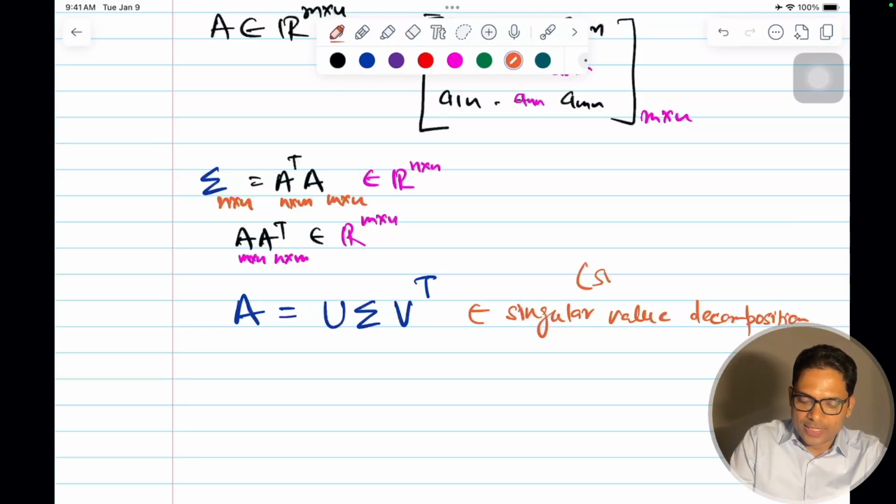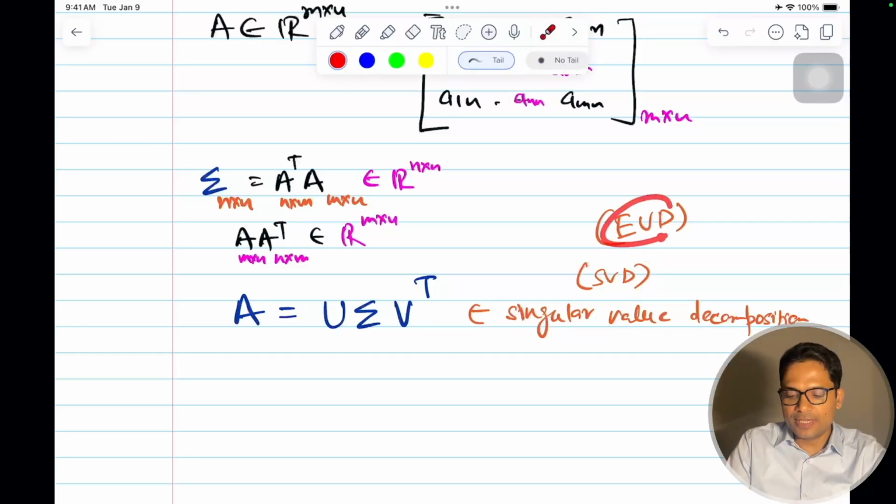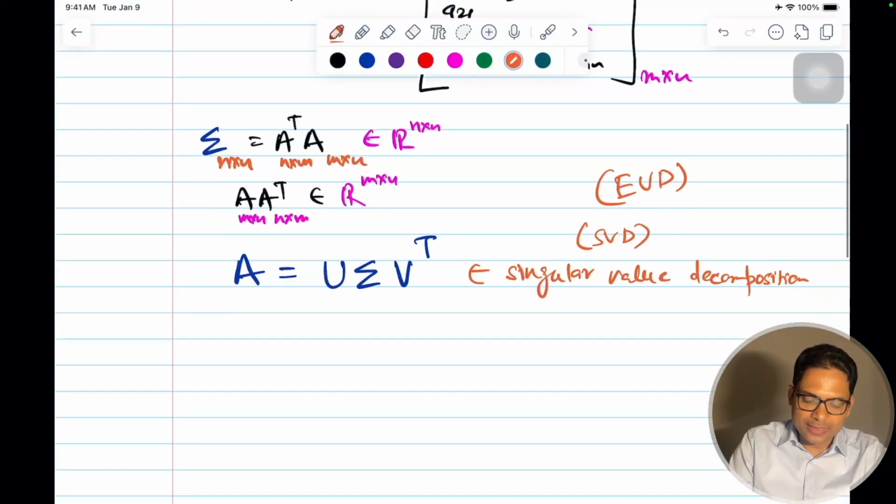It's called SVD, and eigenvalue decomposition is called EVD. So I'll take the short names: SVD, singular value decomposition; EVD, eigenvalue decomposition. So what are these things?